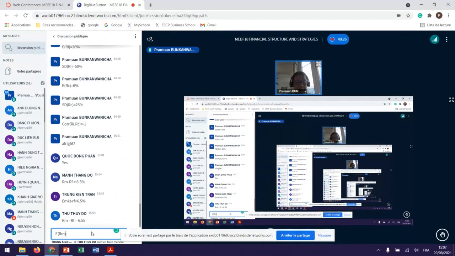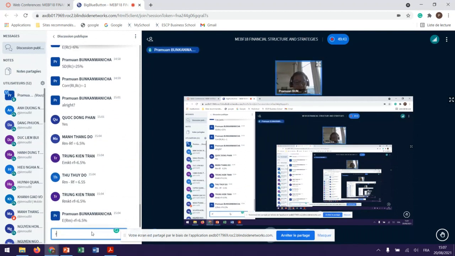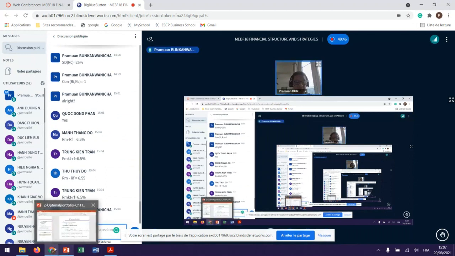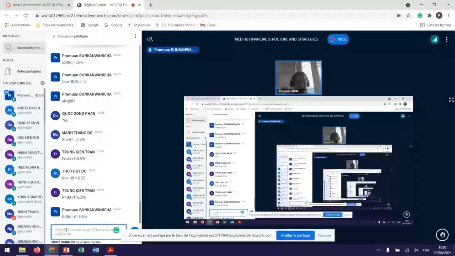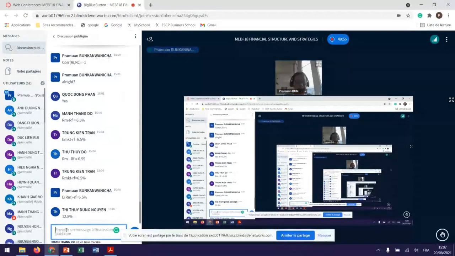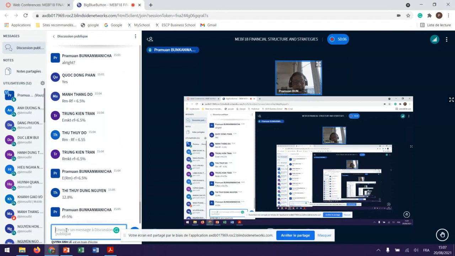ERM minus RF, because it is the market risk premium, equal to 6.5%. Yeah. What is the 5%? Somebody can help me to write. The 5% is RF, right? RF is 5%. That makes sense? Okay.